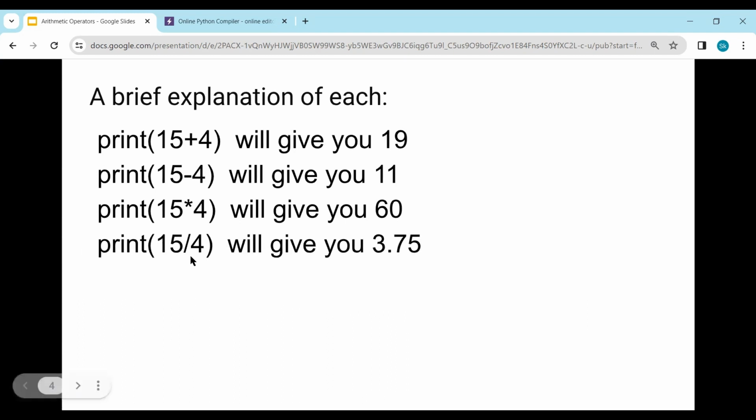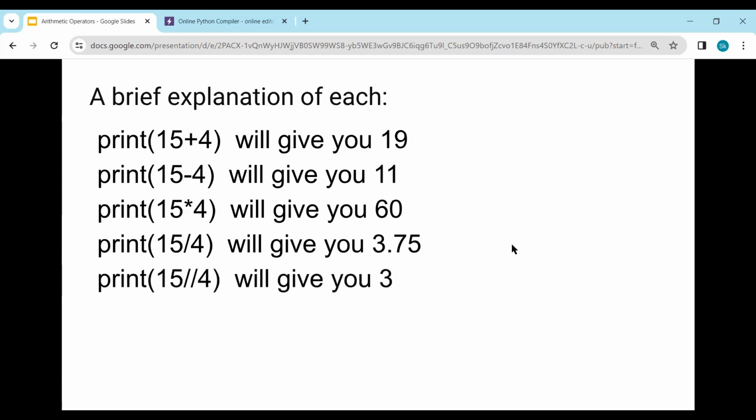Next is 15 divided by 4. Now remember this division: it always gives the result as a fraction. Even if it is fully divisible, it will still give a decimal value, which will be 0. Now in this case, it is 3.75.